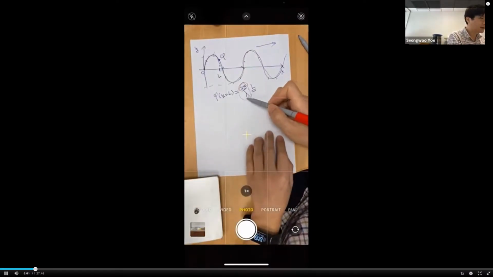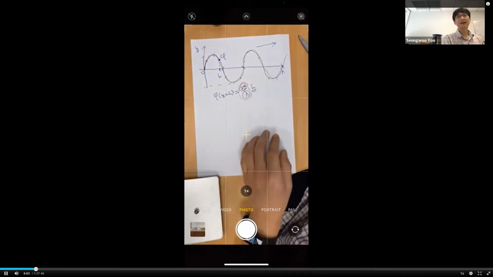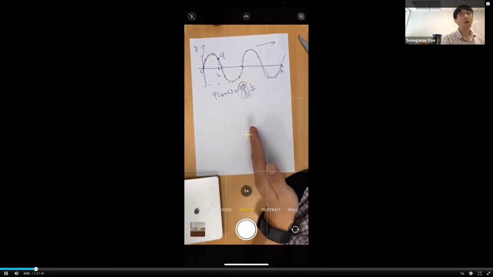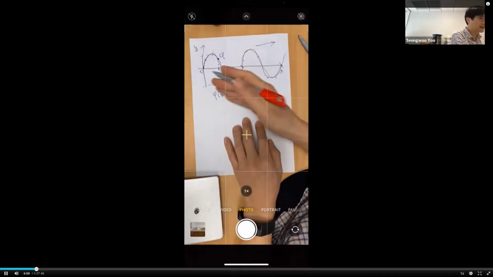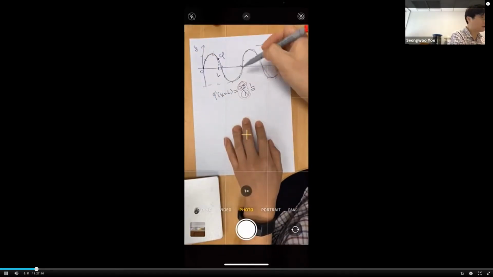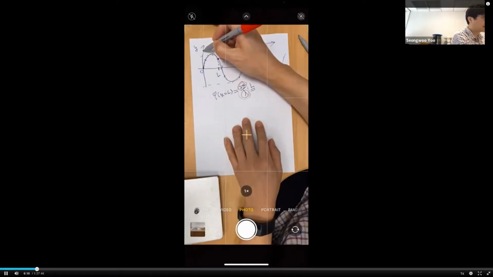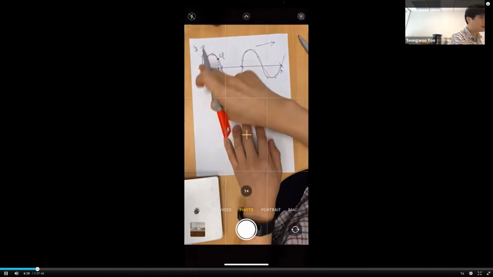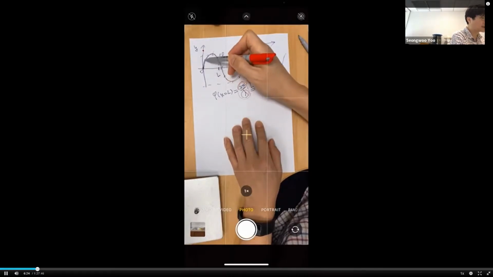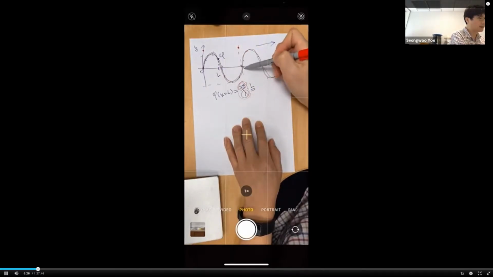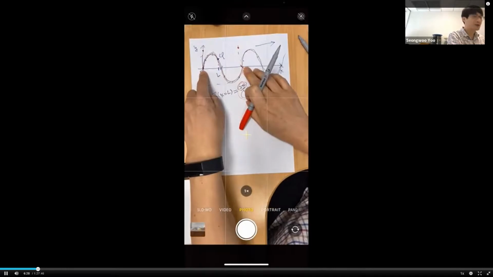Then what about this lambda? Lambda is the wavelength. We call it wavelength, all right? So wavelength is defined in this wave. The wave is defined from the start of the oscillation to the end of the oscillation, so one oscillation completes between these 2 points.